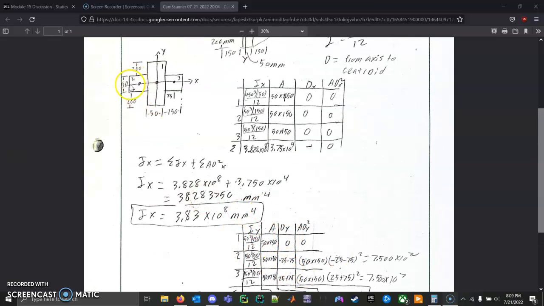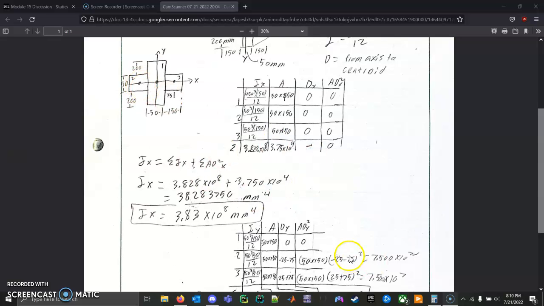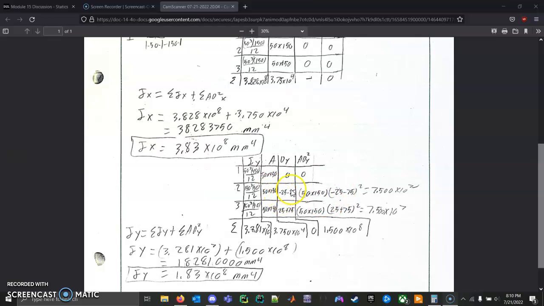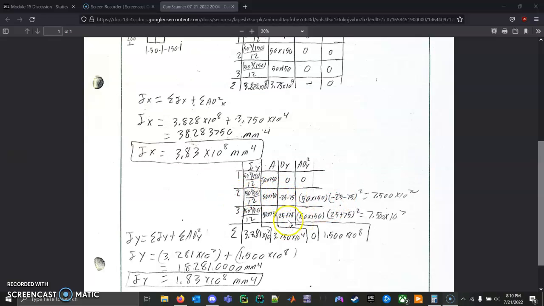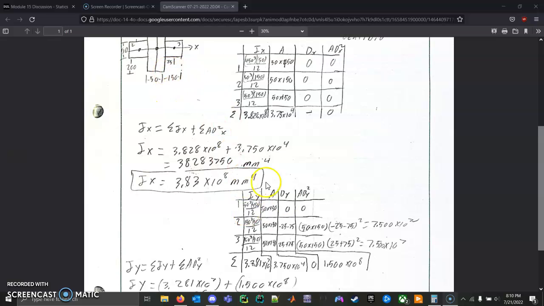For figure 2, you're going to have negative 75 from your x-axis, and we know it's going to be 25 up. So negative 25 minus 75 for 2, and then for 3, it's going to be the positive version of that, so 25 plus 75.